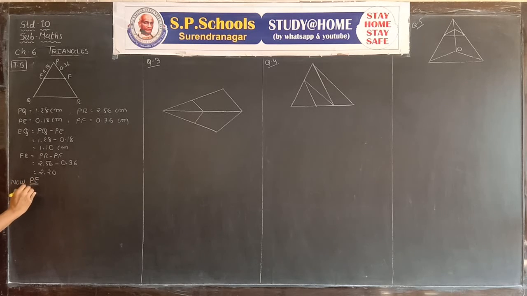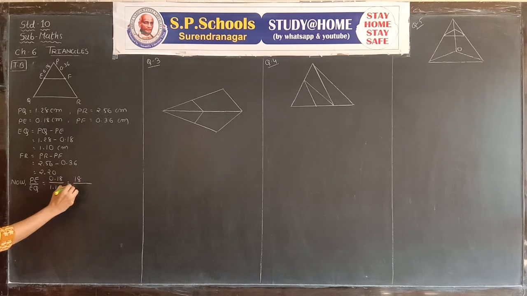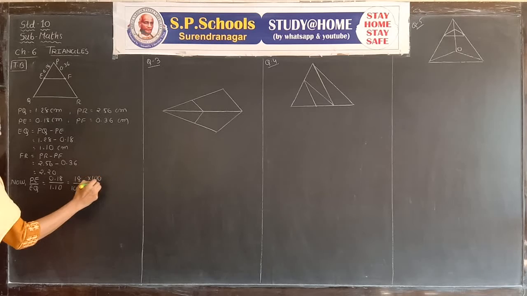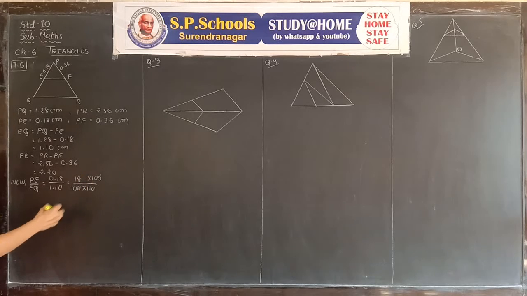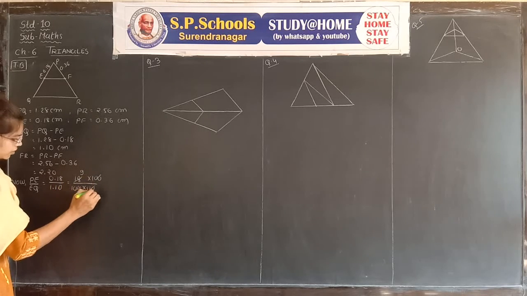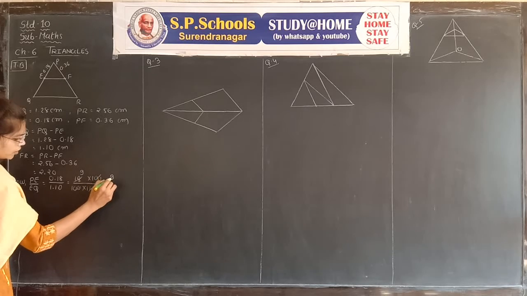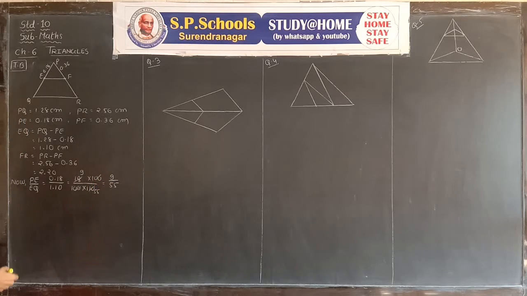First, PE upon EQ is equal to 0.18 is PE, and EQ is equal to 1.10, is equal to 18 upon 100 over 110 upon 100. 100 goes to the numerator. 100 cut, 2 9s are and 5 5s are, 9 upon 55.